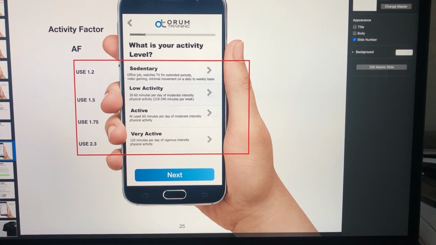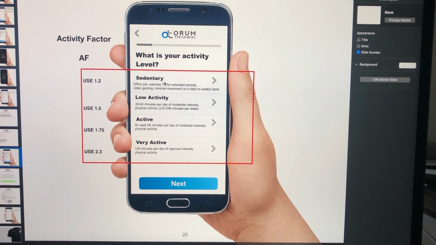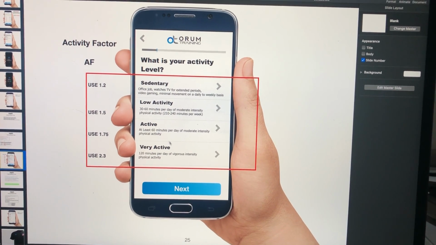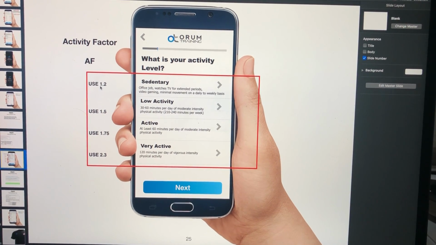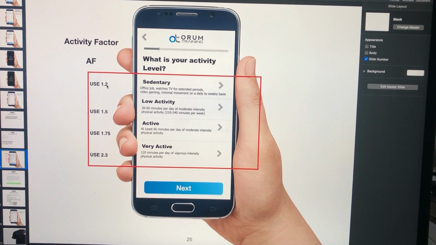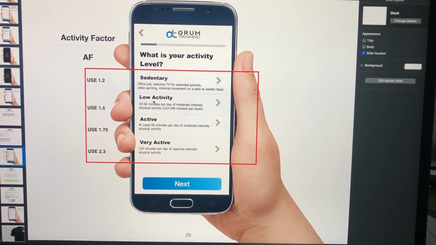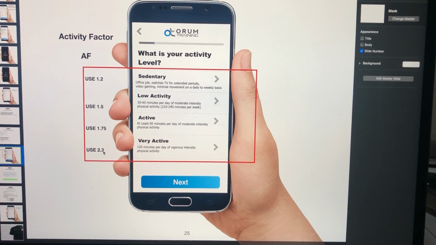And so when the individual fills out the questionnaire, they'll click if they're sedentary, if they're low active, if they're active or very active. Each one of these has their own number. So if they pick sedentary, we'd use 1.2 in a further equation. Or if they clicked low activity, we'd use 1.5, 1.75, or 2.3.